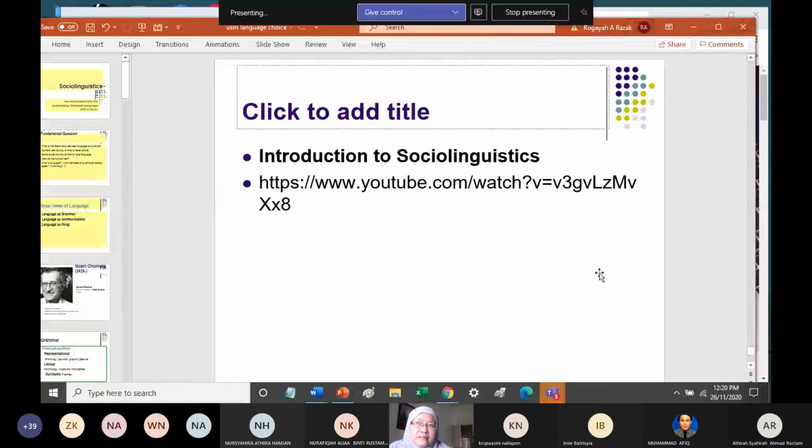And once the society is gone, most probably the language will be gone, unless that language is studied for academic reasons. So you see Latin, there's no community which uses Latin anymore, but it's still being studied as an academic subject. So Latin is still around. You can actually study Latin at universities.